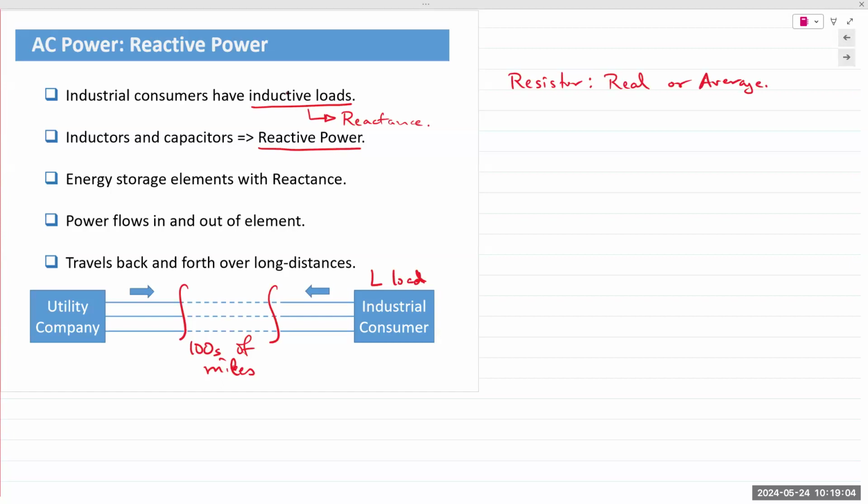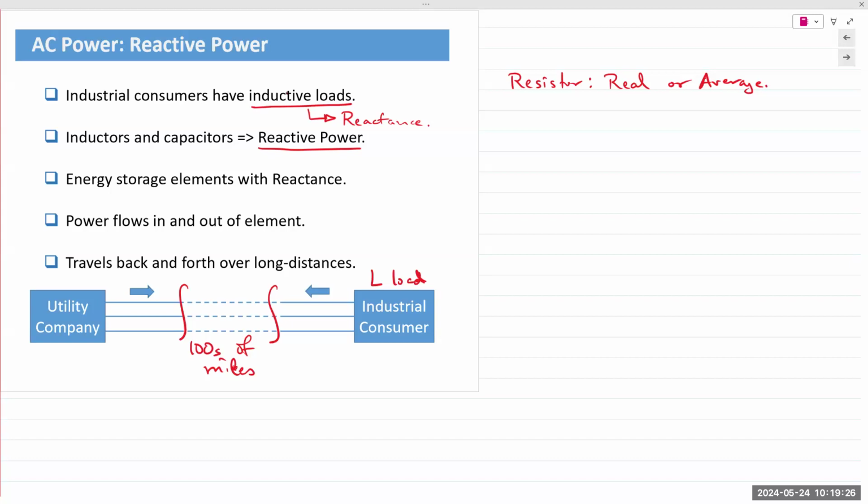But as I stated earlier, reactance is not imaginary. It has a physical basis in real life. Hence, reactive power is also very real. It's only the mathematical representation, because of the use of complex numbers and imaginary numbers, that we term the resistive power as real and the reactive power as imaginary.